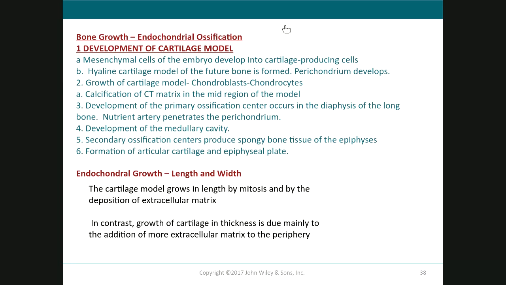So bone growth, developing from the cartilage model, is in review here. So I'd like you to understand and kind of write this out for your exam, because you will have to know the order of the bone growth development in the enchondral model. So in the enchondral model, the cartilage model grows in length by mitosis and through the deposition of extracellular matrix.